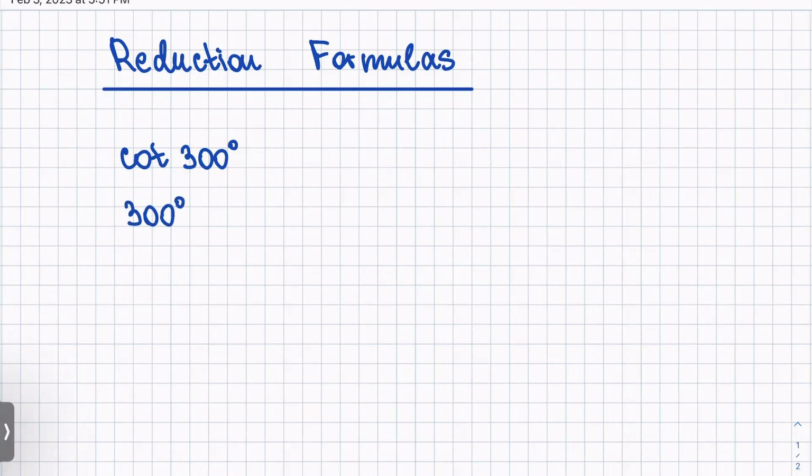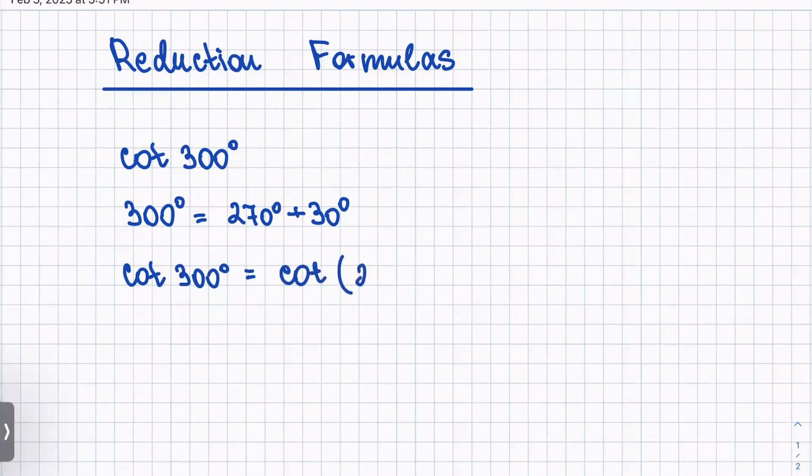But what we can do is the following. We all know that we can represent 300 degrees as 270 degrees plus 30 degrees. So we can take this cotangent of 300 degrees and write it as cotangent of 270 degrees plus 30 degrees. Then we have to perform some other work as well, because we cannot stop.